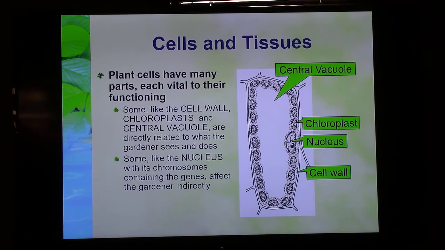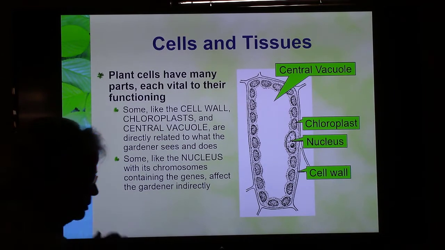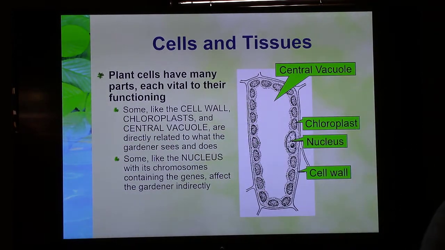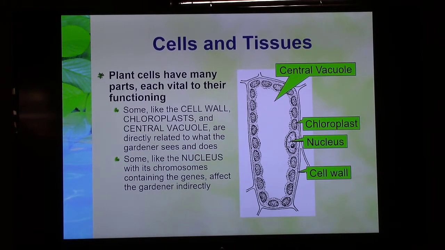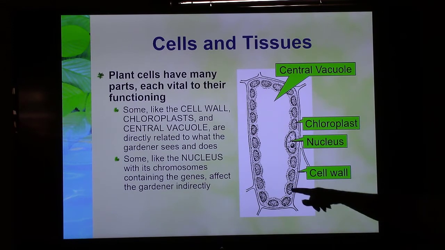We'll start with cells and tissues. A plant cell, now that diagram would represent maybe a leaf. Maybe we've cut up a leaf and we're looking at a cell in a leaf, and these are some of the things that we would see in that very typical leaf cell. We would see that in the center we don't see much of anything at all.